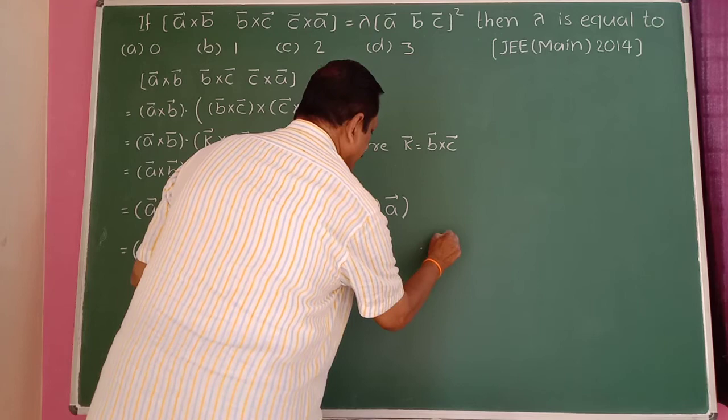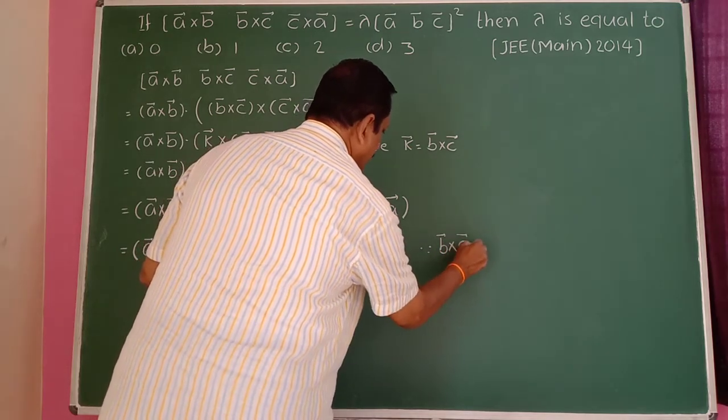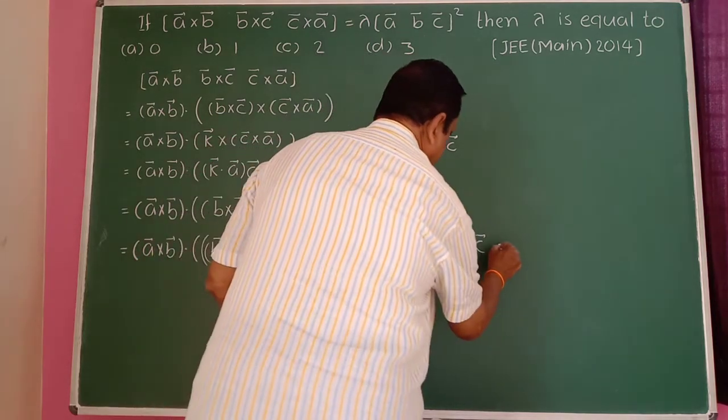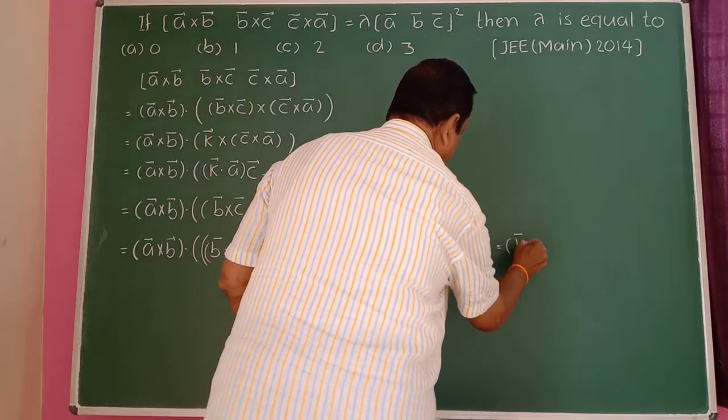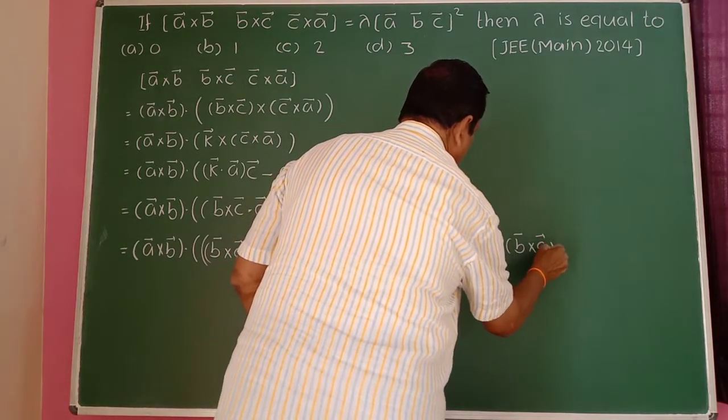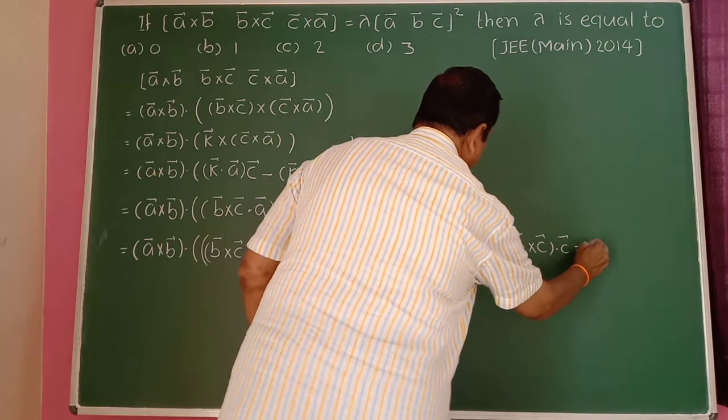B bar cross C bar dot C bar is nothing but a scalar triple product with a repeated vector, so this becomes 0.